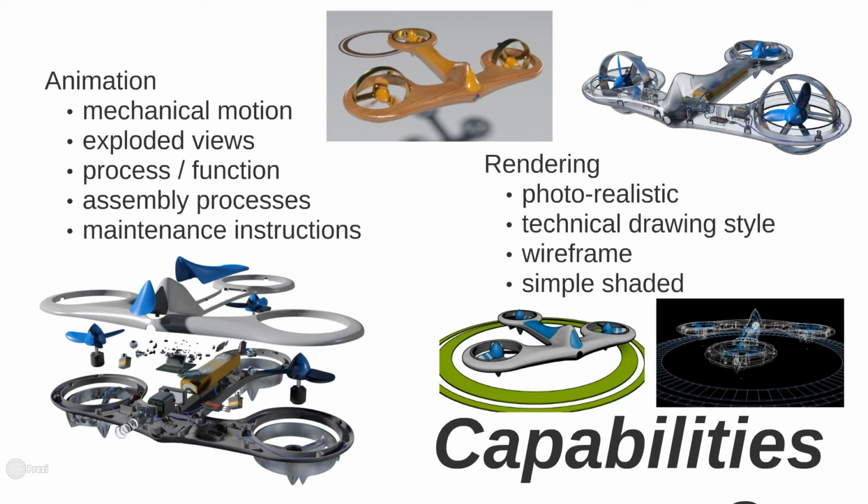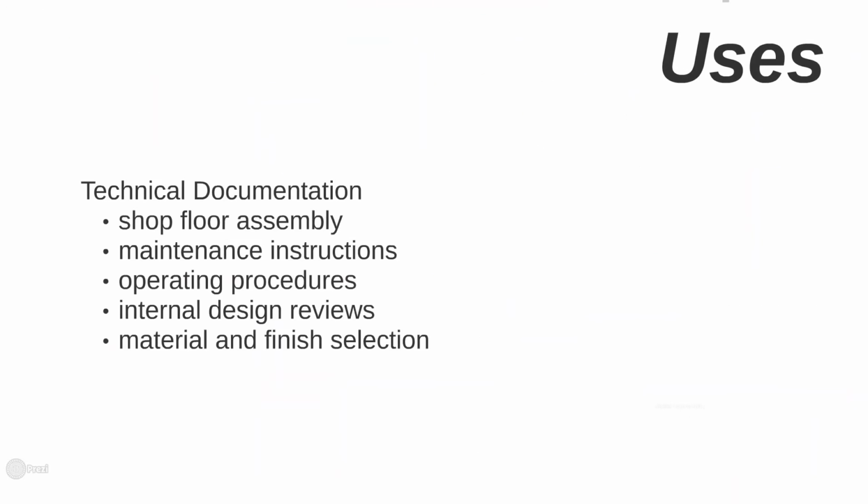So maybe you're thinking 3ds Max is just on the advertising and marketing side, but really there's a lot more things that it can be used for. That gets us into the uses.